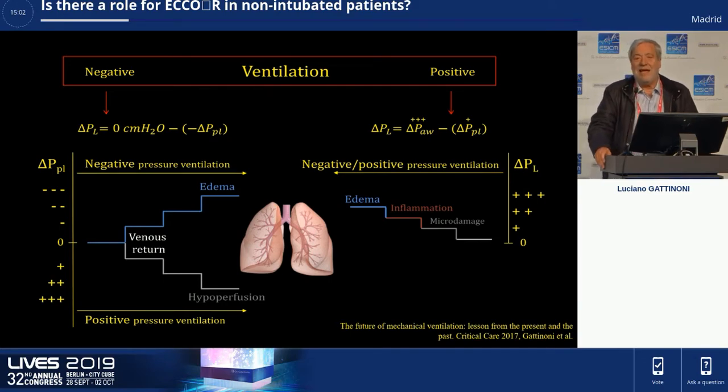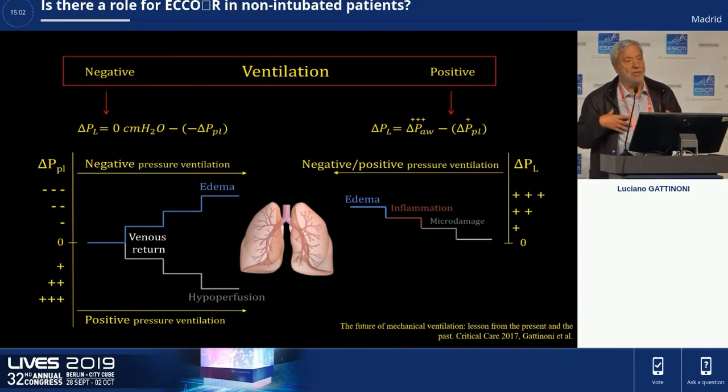That any time we use the respiratory muscles as the motor of the ventilation, we generate a negative pleural pressure. Heart and big vessels are surrounded by the negative pressure. So we increase the venous return.